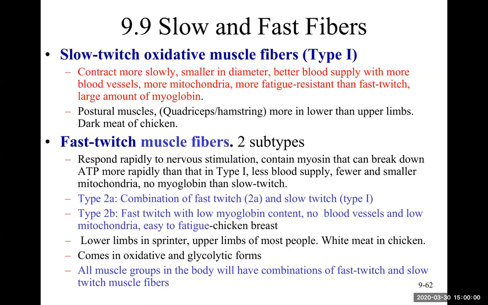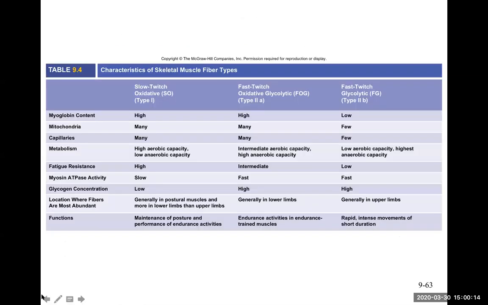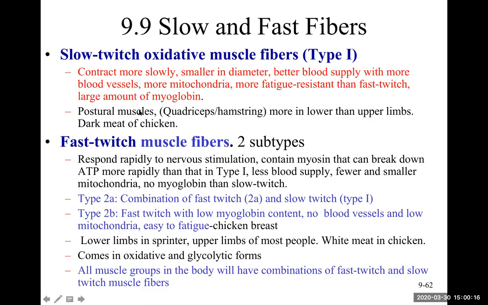When we say our calf muscles, right? Gastrocnemius, soleus. Those muscles usually have more fast twitch. That means it has more of the fast twitch muscles, but even those muscles have some slow twitch fibers as well found there. So there's always different combinations, right?